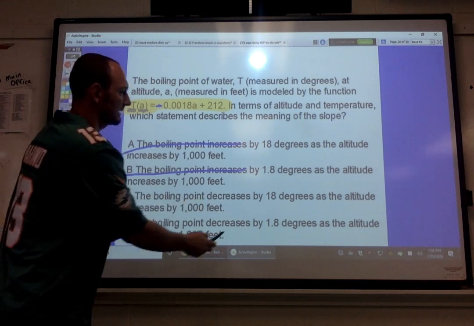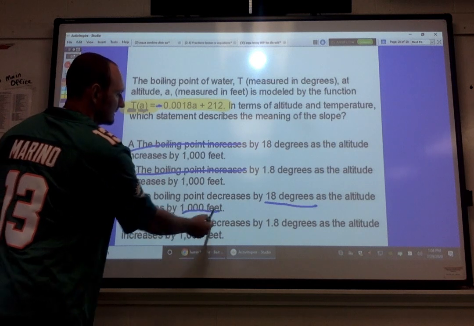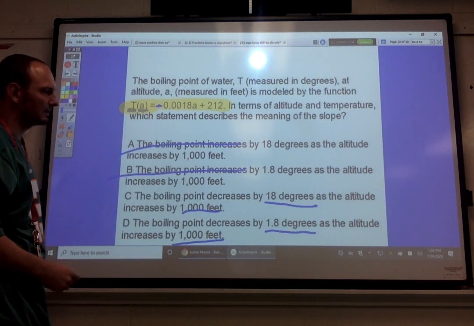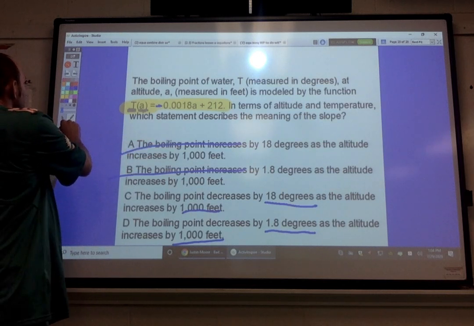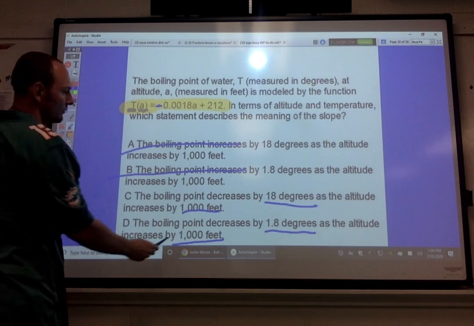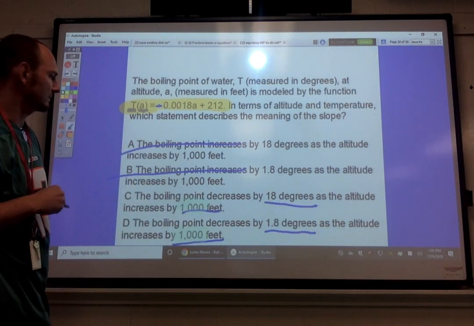So it's decreasing by 18 degrees per 1,000 feet or 1.8 degrees per 1,000 feet. There's a difference. It's that 18 and 1.8. So what I'm going to do is take the 1,000, because it's in both of them, and plug it into that equation.